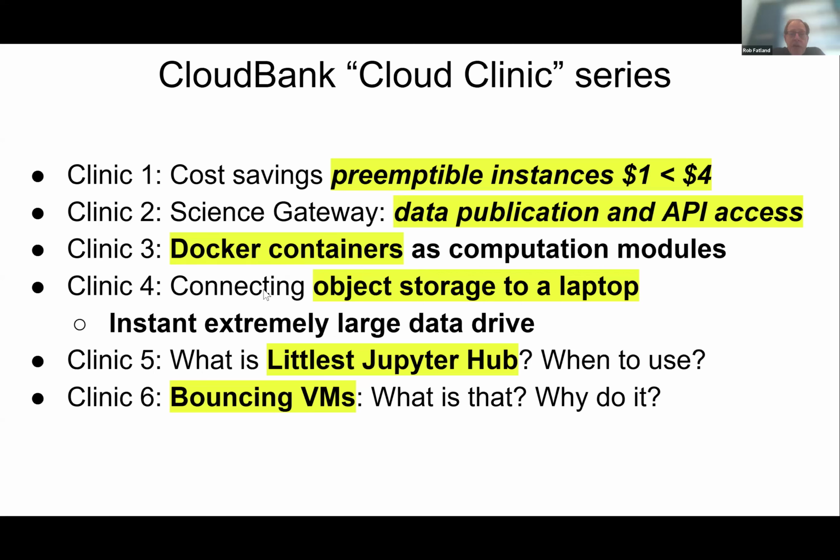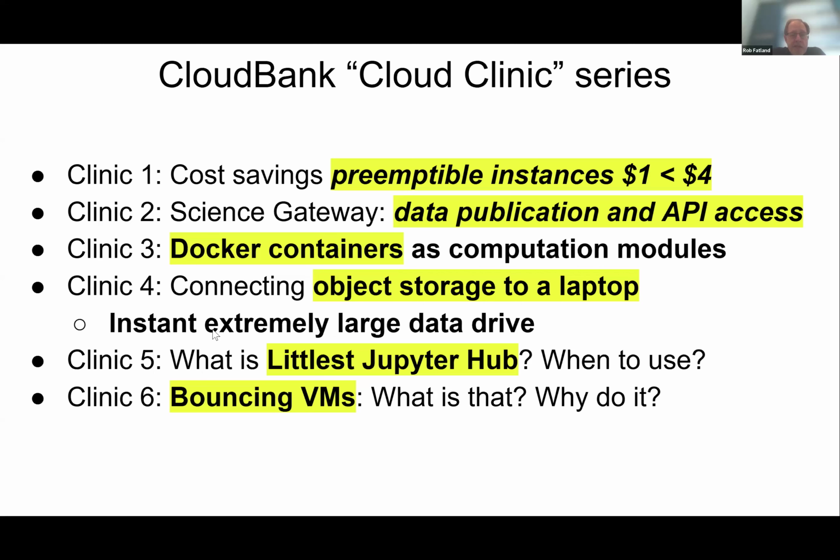Clinic 4, we talked about connecting object storage to a laptop. And very briefly, object storage is a slightly different type of storage that's available on the cloud. It has an enormous capacity, but it doesn't have sort of open and seek capabilities for individual data files. So it's treating data files more like hermetic objects.